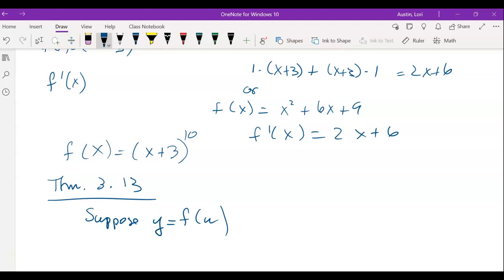And it is differentiable at u equaling some function g of x.